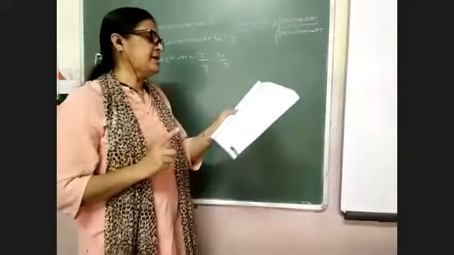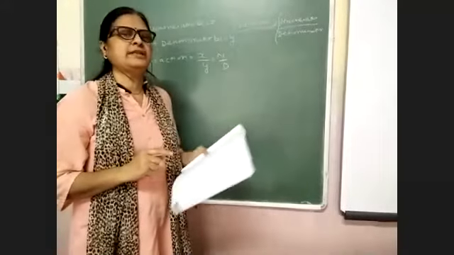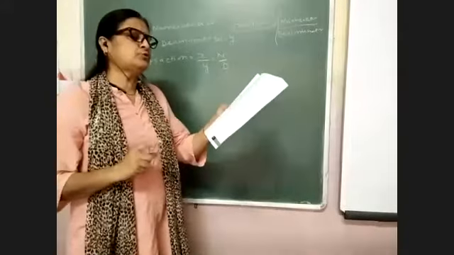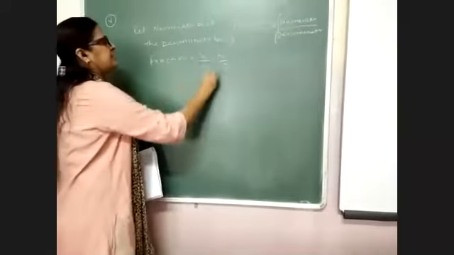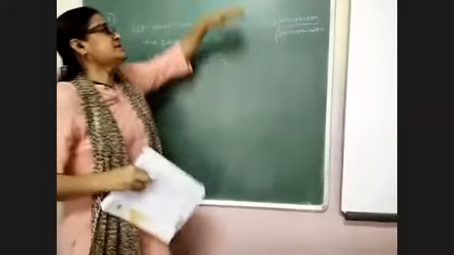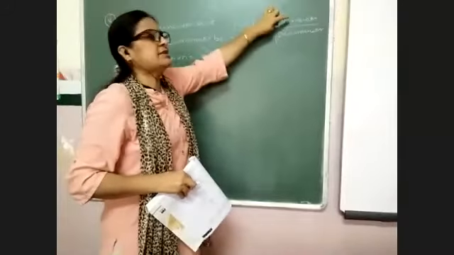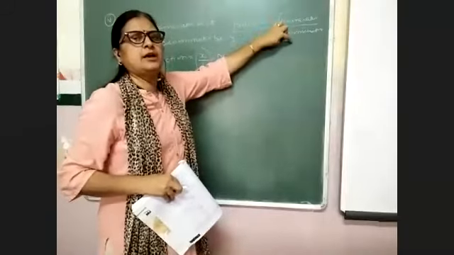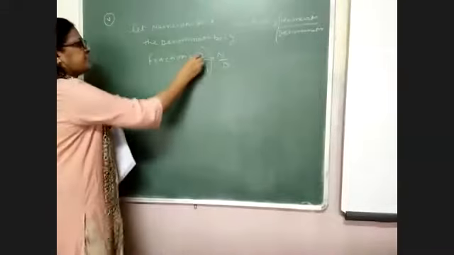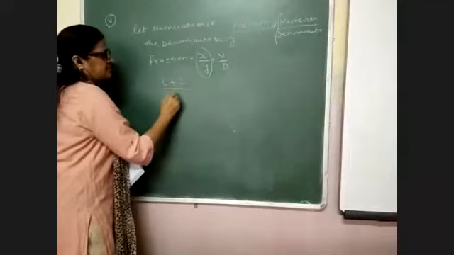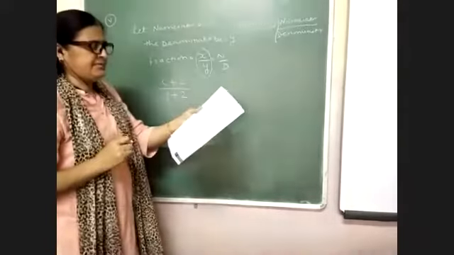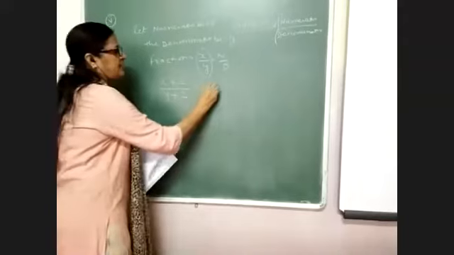A fraction becomes 9 upon 11 if 2 is added to both numerator and denominator. Fraction is numerator upon denominator, and if we add 2 on both the numerator and denominator, it becomes 9 upon 11.